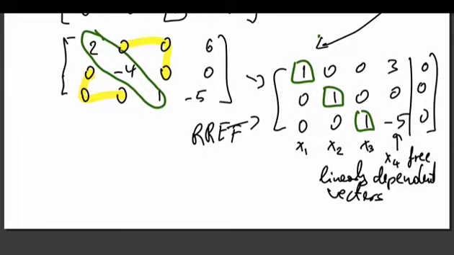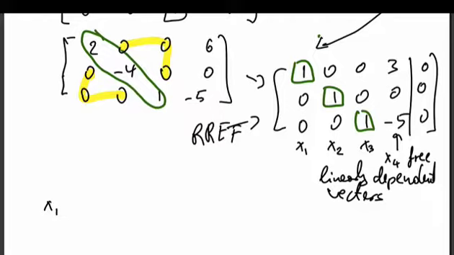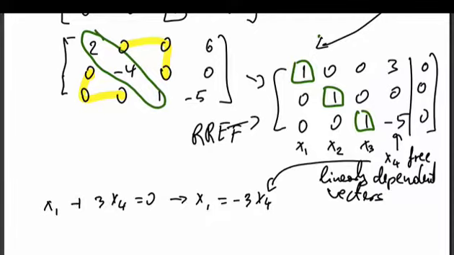And then to solve the linear system, you now want to write that this is the x1, x2, x3, x4 columns, and write it as a linear system. So the first row represents x1 plus 3x4 equals 0. The point is to solve for the pivot variable, so x1 is minus 3x4, while x4 is free.